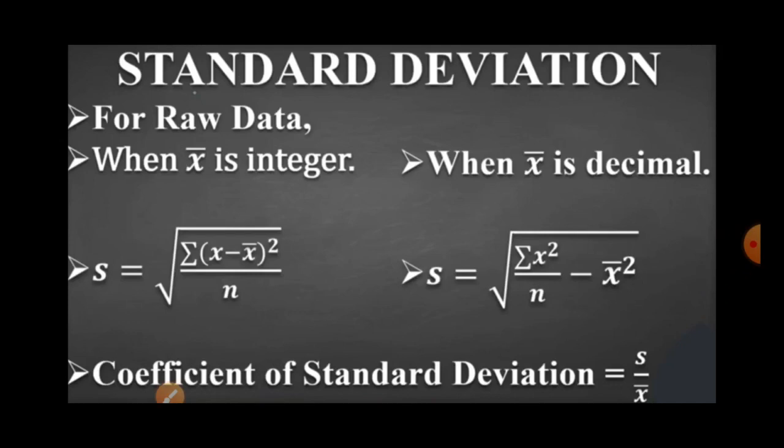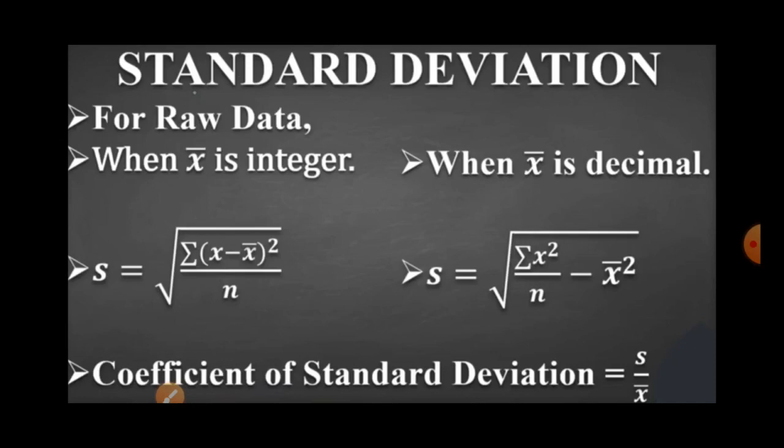If x bar is an integer, meaning a whole number, not in decimal, then the formula would be S equals under root sigma (x minus x bar) whole square upon n. If the mean comes in decimal, then the formula is S equals under root sigma x square upon n minus x bar square.